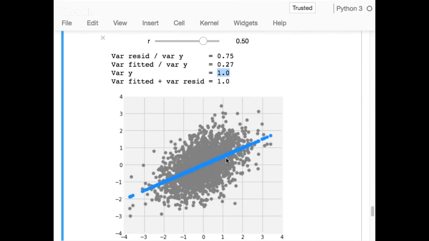What this is saying is 3/4 of that variance is from my residuals, and about 1/4 of my variance comes from these blue dots. So the variance of my fitted values, which is the blue dots, how far they spread apart, plus the variance of my residuals, how much each dot deviates from my fitted values, is equal to the original spread of my data.